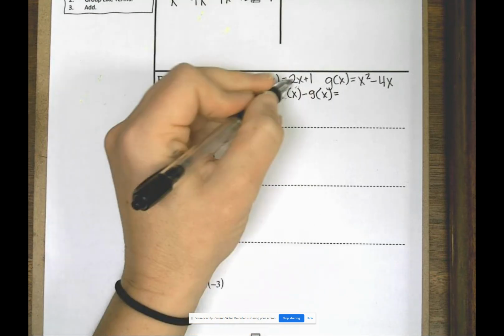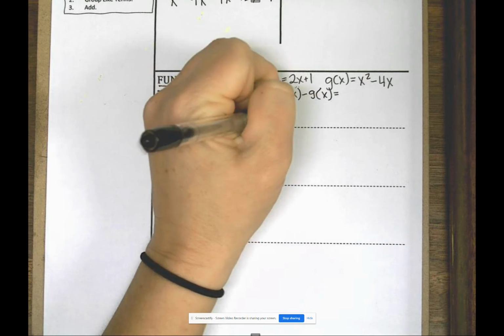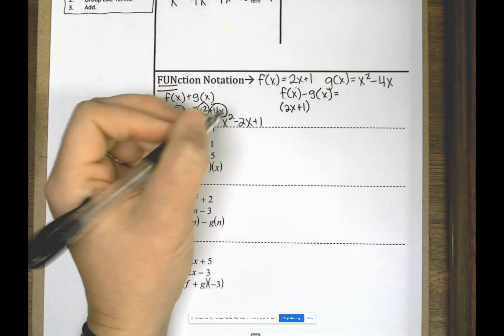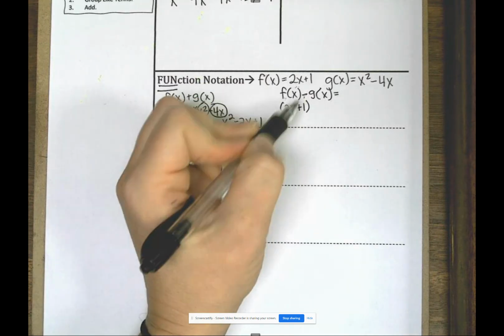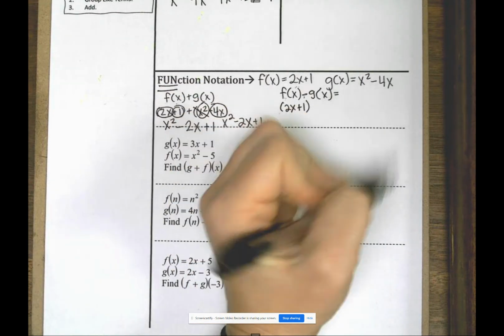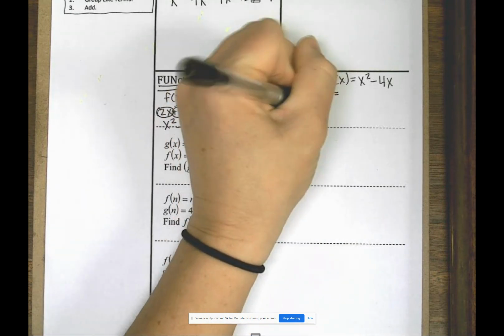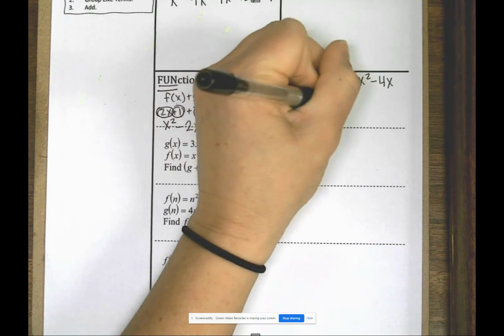So f of x equals 2x plus 1, so that means I can substitute 2x plus 1 in its place. It's going to be important to put your parentheses in this time because we're going to have to distribute this negative to the entire binomial x squared minus 4x. So we are going to subtract x squared minus 4x.